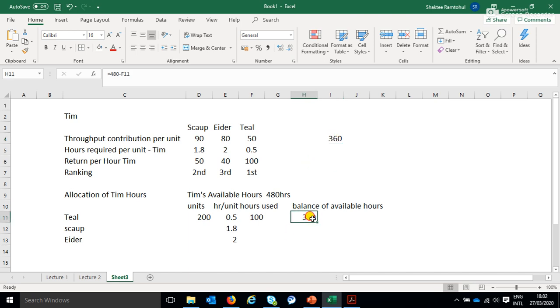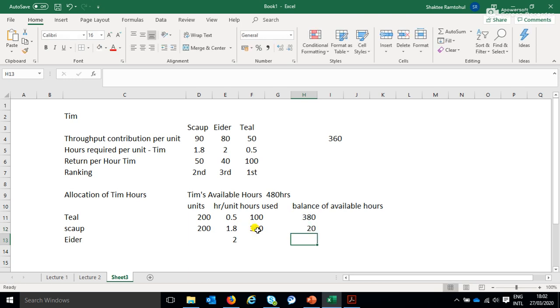Well, we have 380 available, so we have no problem manufacturing 200 sculptures of scalp. So the hours used is 360, and this time 380 minus 360.